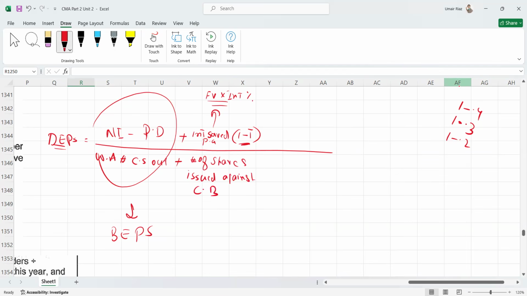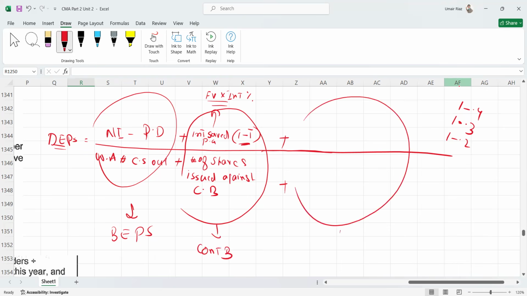So for convertible bonds, in the numerator we add interest saved times 1 minus T, and the number of common shares issued against convertible bonds is adjusted in the denominator. Then if you have convertible preferred stock, we again adjust the numerator and denominator. Whatever adjustment I do now is for convertible preferred stock.